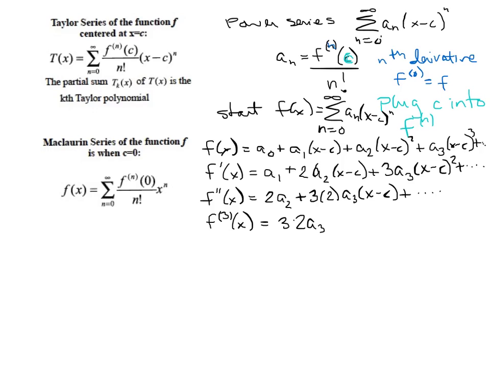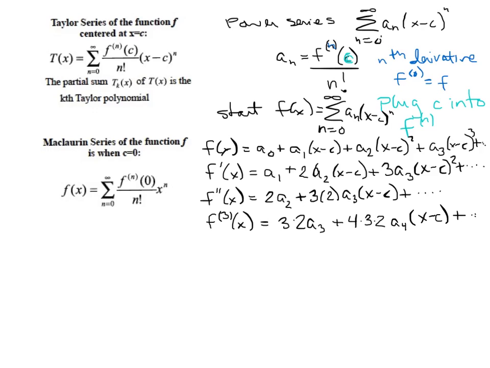And if I had another term in here, I would be left with a 4 times 3 times 2, because that would have been a 4 from this first one up here that would have gone down in front, and then the next one would have been a 3, and then the next one would have been a 2. Okay, so that times a sub 4, and I would now be at the spot where it's just raised to a first power. So I put in an extra term in there just to kind of make a point here.